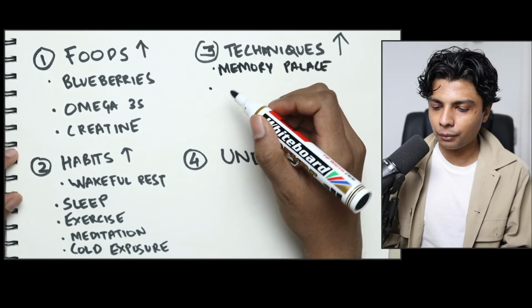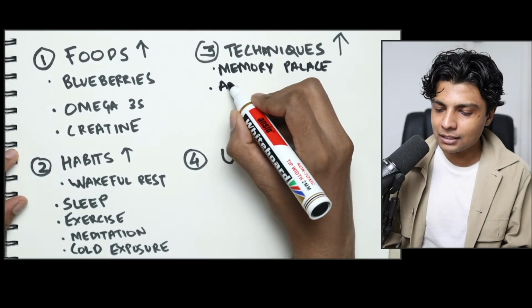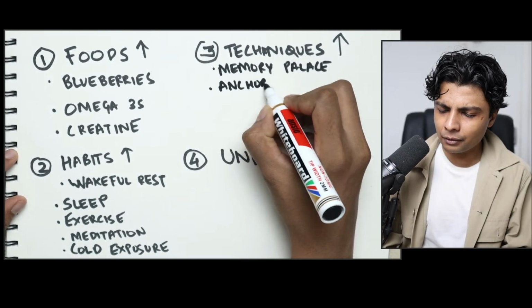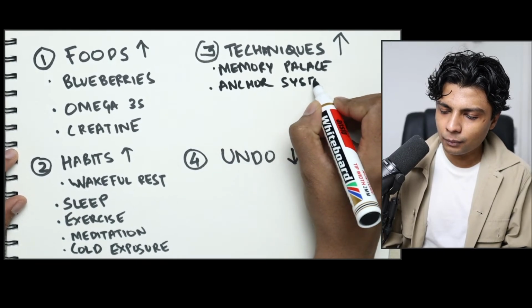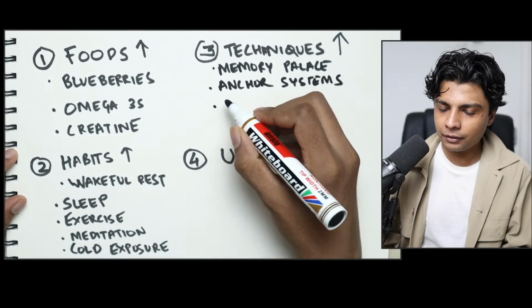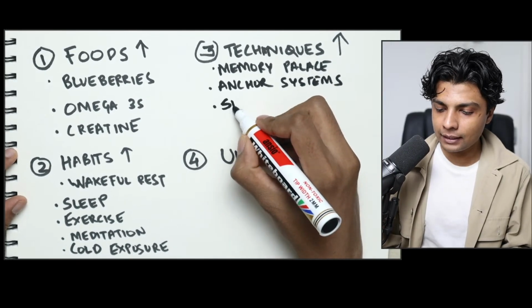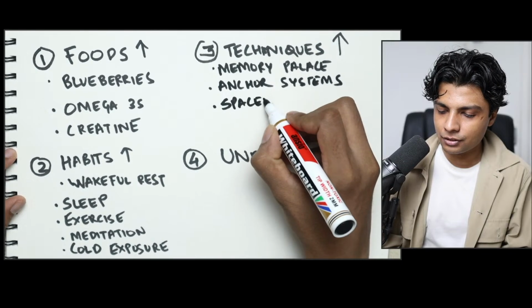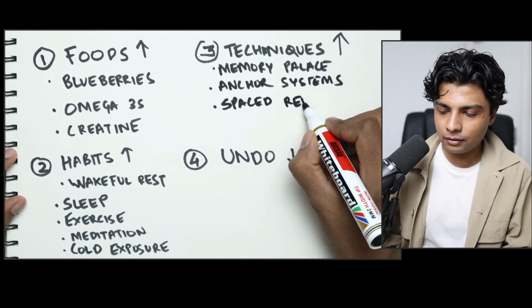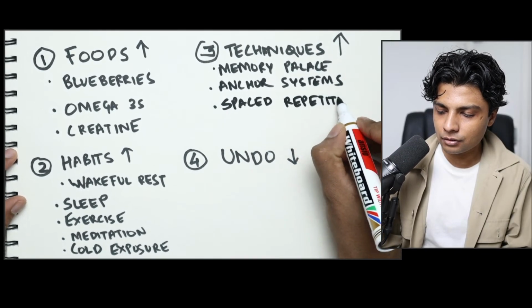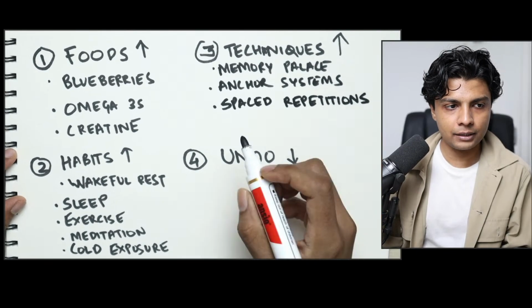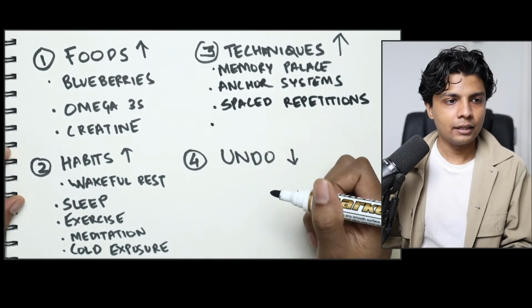We are going to talk about anchor systems, and I'm going to talk about what they are when we get there. We are going to talk about some evidence-based techniques like spaced repetition.